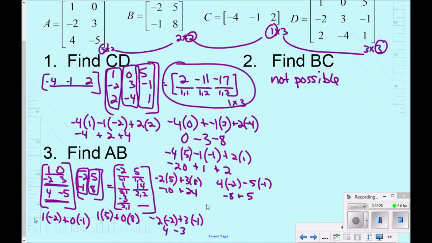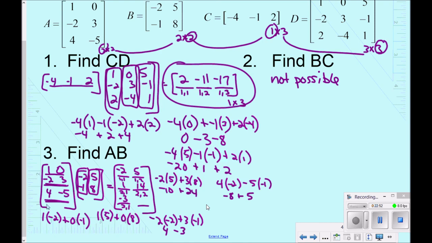Let me just check that. I was looking at the wrong thing here. We are doing the third row, first column.